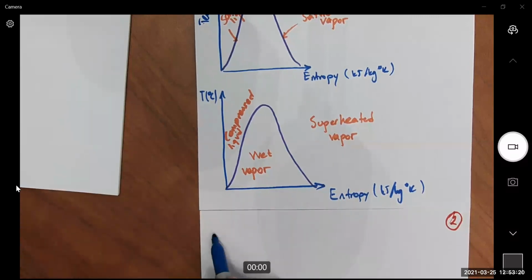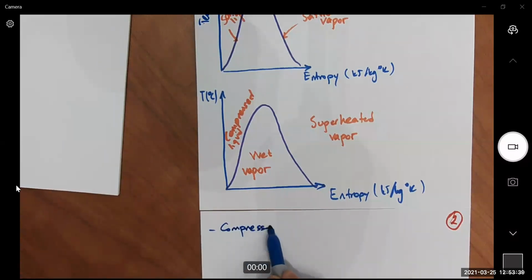As I said, the same rules are valid for the second law of thermodynamics as well. We will still be using tables for extracting properties or data, like we did for first law, open system and closed system. Compressed liquid: we will not have a separate table for compressed liquid, as you know.